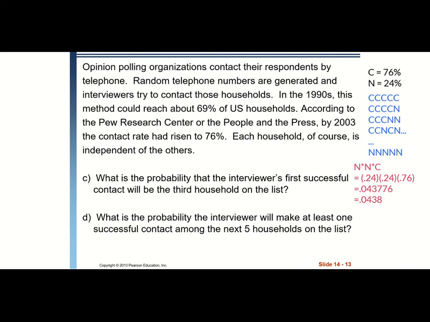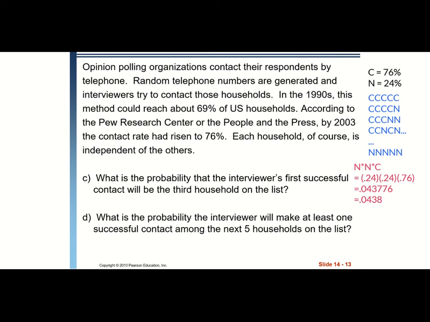If we look at this whole list here, the only one that doesn't have at least one successful contact is this one way at the bottom. All these ones in the middle here, including all these dots that aren't written, are going to have at least one C in there. The only one that doesn't is where we call all 5 of these households, and none of them pick up the phone. We don't make contact with any of them.